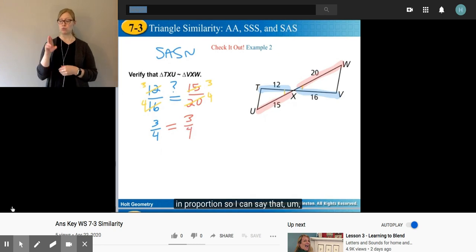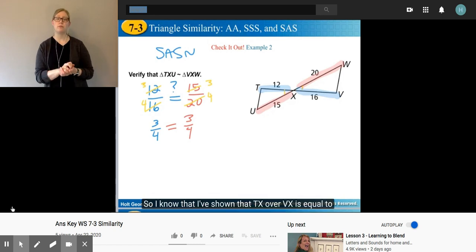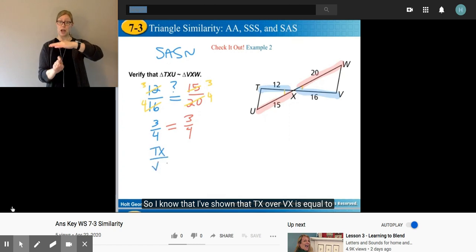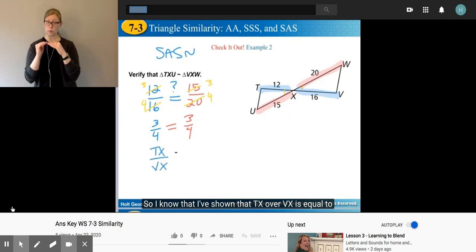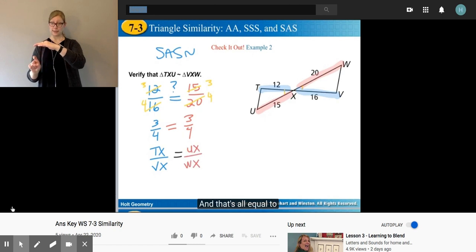So I can say that I've shown that TX over VX is equal to UX over WX, and that's all equal to 3/4.